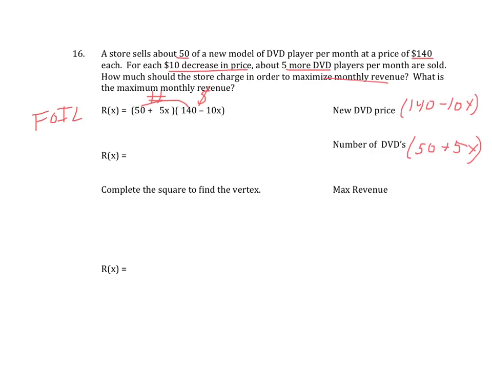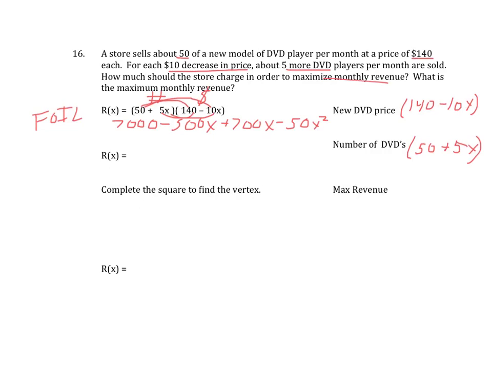50 times 140 is going to be 7,000. And then multiplying the 50 times the negative 10x will give me a negative 500x. The inside of 5x times the 140 will be plus 700x. And 5x times negative 10x for the outside or last, I'm going to have negative 50x squared.